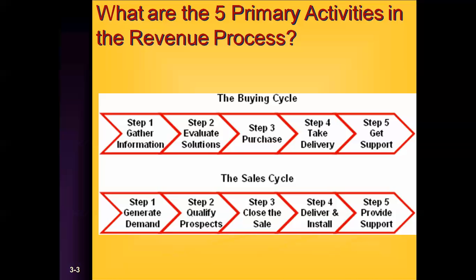And they have to decide on credit policies, cash versus credit sales, and they also must decide whether they're going to have direct sales or everything's going to be over the phone again or over the internet. And that's all involved in the first primary activity of the revenue process, determining marketing and distribution channels to generate sales.